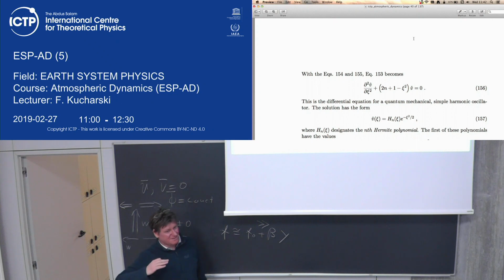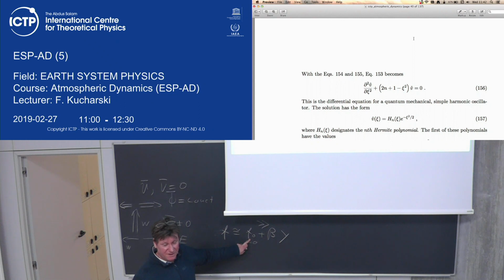But in the tropics, that breaks down, because f naught is exactly 0. And then the only term that survives is the beta y, plus higher order terms. But we assume, okay, they are small again. That makes a difference, essentially. So on the equator, the mean Coriolis parameter is 0.